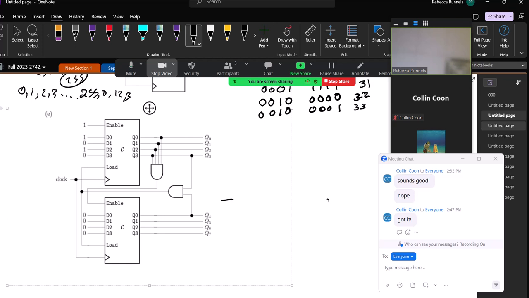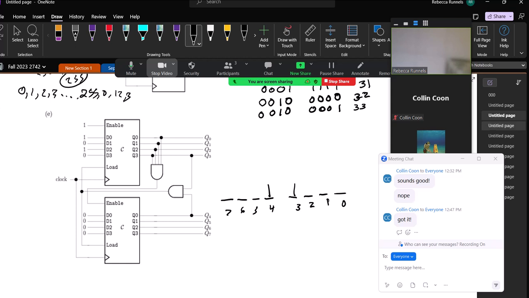So let's look at what that number would be. So 0, 1, 2, 3, 4, 5, 6, 7, and we had Q4 and Q3.